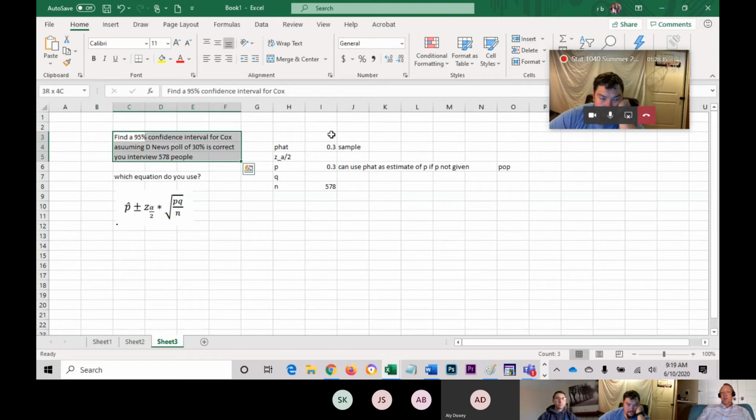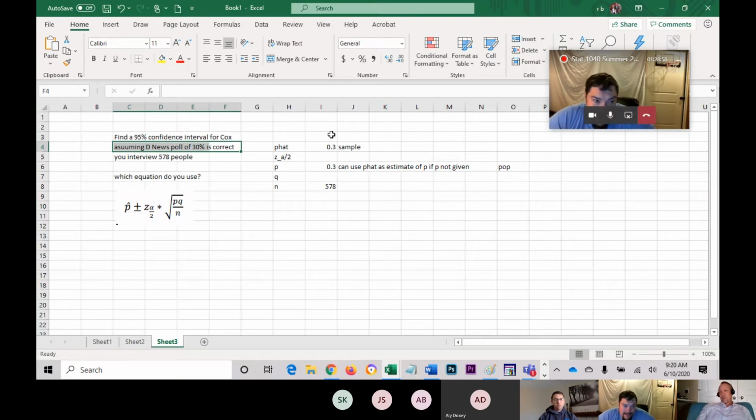We don't know what the population is going to be because we haven't voted yet. The vote will happen on June 30th. The idea here is we're using the Deseret News poll, and so we're assuming that the 30% is correct, but we have no idea if that's going to be correct or not until June 30th. Well, if you make that assumption, then your Q, you'd have to assume is 0.7. Correct. Does that make sense, Allie?